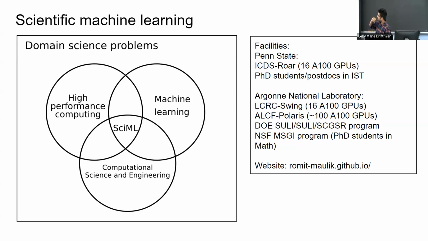In practice, we want to address problems across all of these domains with the methods that we build. You'll see the box around this Venn diagram that says domain science problems. What we really want to do is identify a grand challenge problem in a variety of domains, and you'll see some examples today, and then build algorithms to solve it.